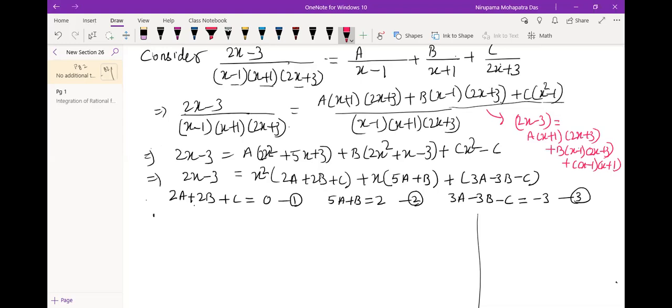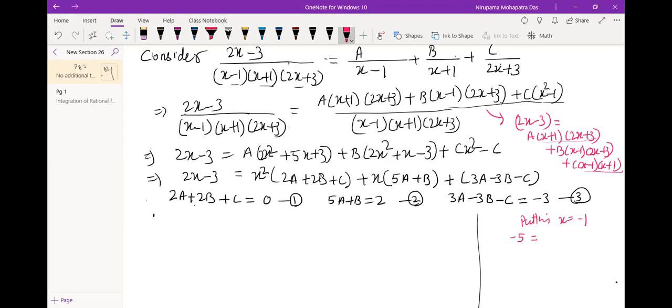By putting x equal to minus 1, this term will be 0 and this term, x minus 1 also, will be 0. So easily you can get B. Putting x equal to minus 1, you are getting 2 into minus 1, minus 2, minus 3, minus 5 equal to, this is 0, this is 0, right?